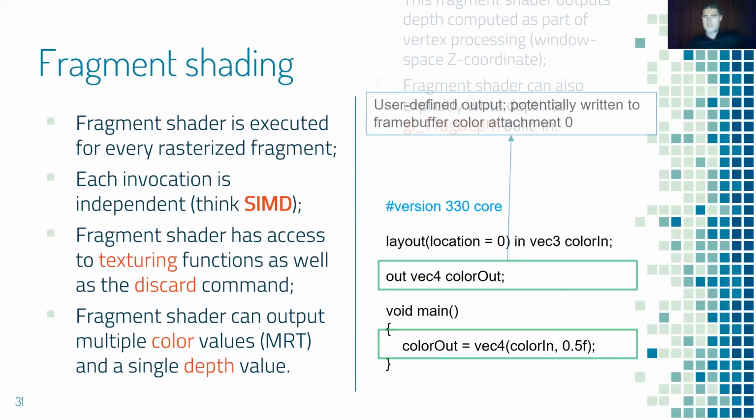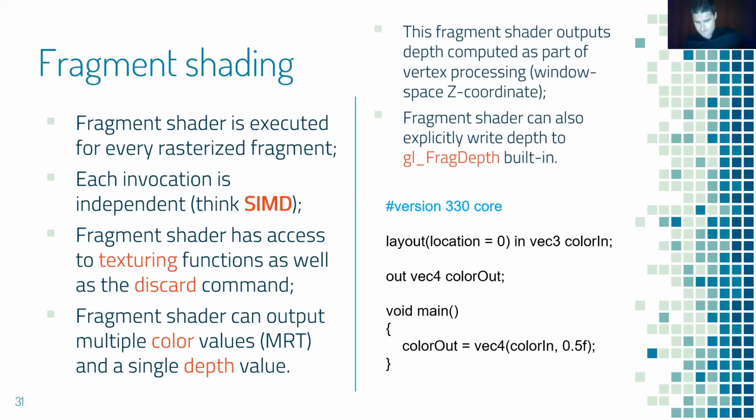As far as depth goes, this fragment shader outputs depth computed as part of the vertex processing. In this case it comes from the viewport transformation, so it's a window space z coordinate.